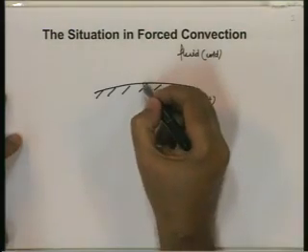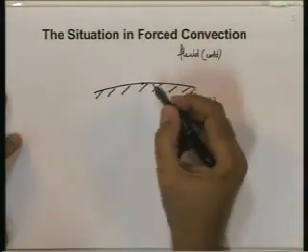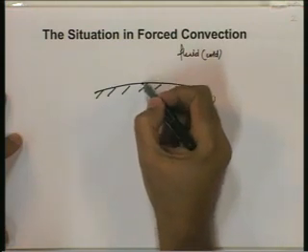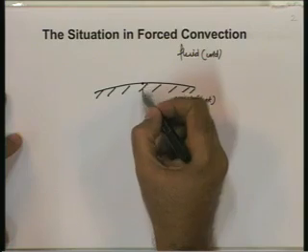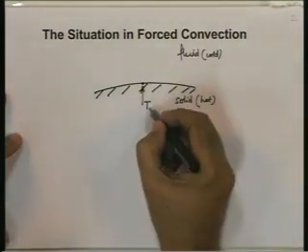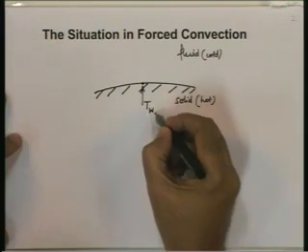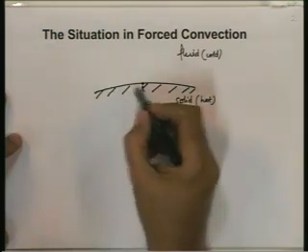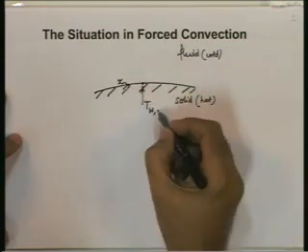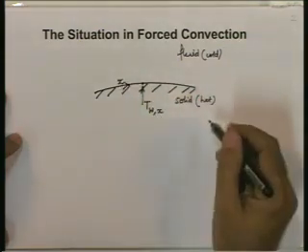Let us take a point on the surface. Let us say that the temperature at that point on the wall of the solid is Tw. It would vary from location to location. If this is the position on the wall, it could be a function of x.